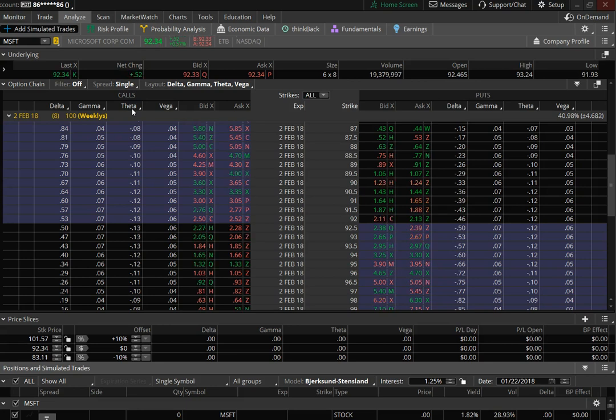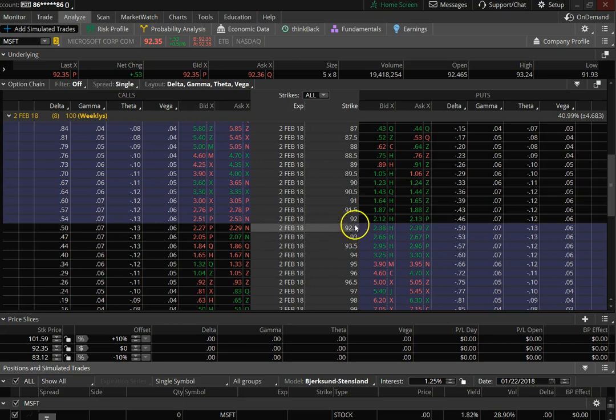So it only makes sense that if you are paying time premium and you have 8 days to go and your stock has not moved, as time goes on, it's going to be less and less probable that you're going to make money, all things being equal, if the stock doesn't move. So this Greek called theta actually tells you how much the option is going to decay in a certain day.